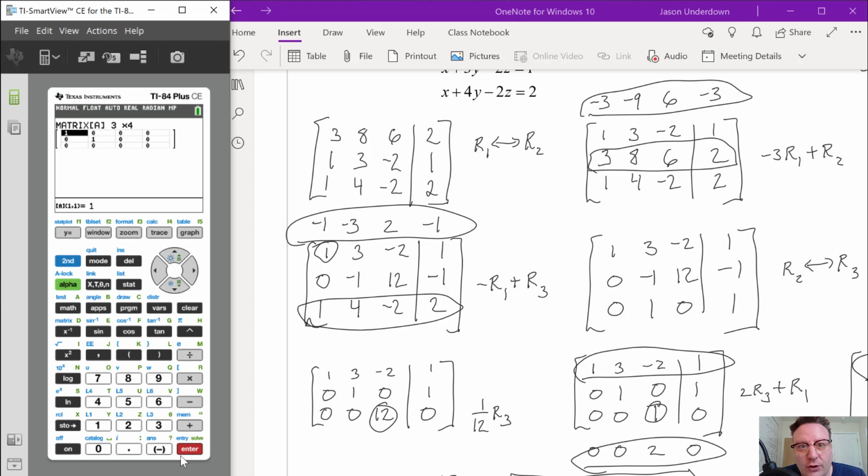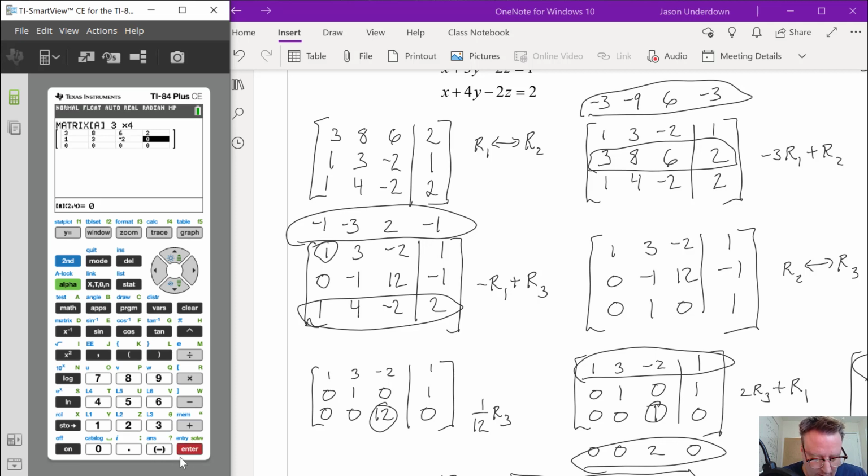So now I just enter the numbers in. So we have 3, enter, 8, enter, 6, enter, 2, enter, and it takes me to the next row automatically, where I should put in 1, enter, 3, enter, -2, enter.